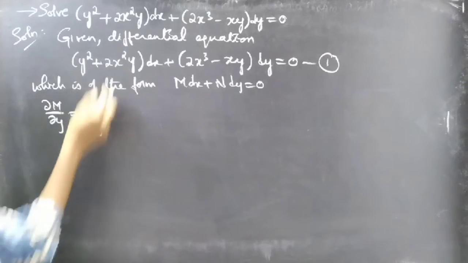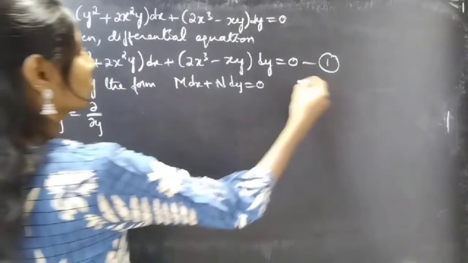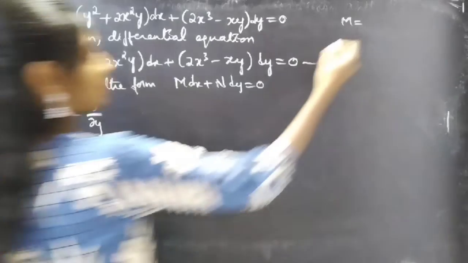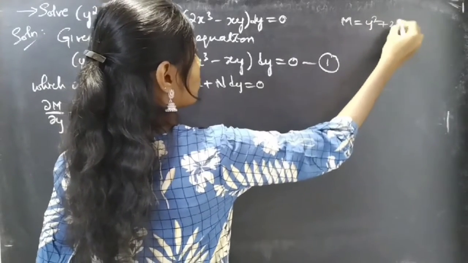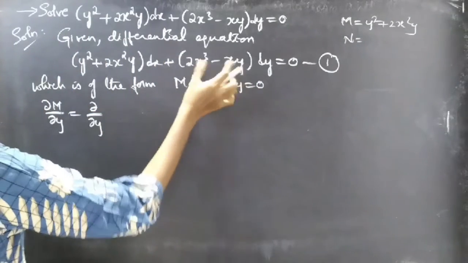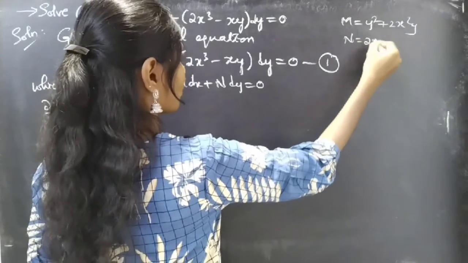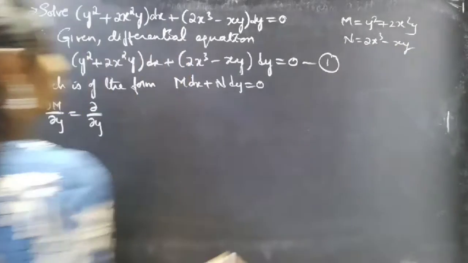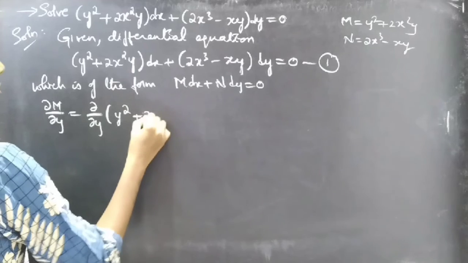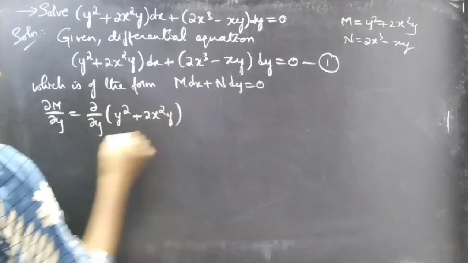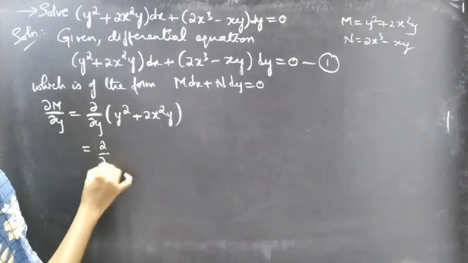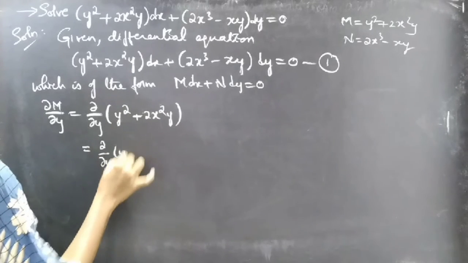Here M is the coefficient of dx, that is y² + 2x²y, and N is the coefficient of dy, that is 2x³ − xy. Let's now find the partial derivative of M with respect to y, equal to the partial derivative of y² + 2x²y with respect to y.